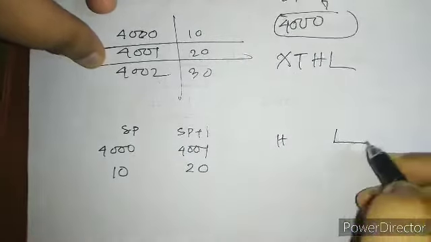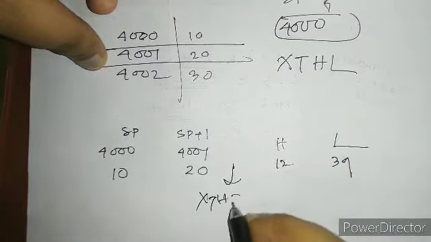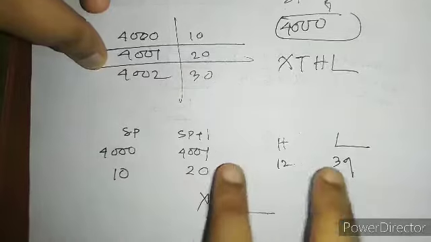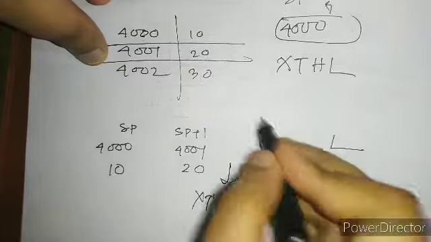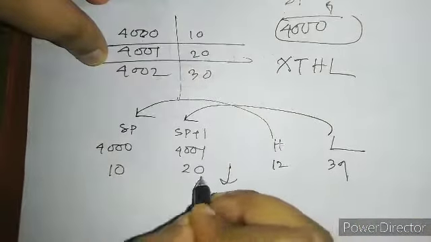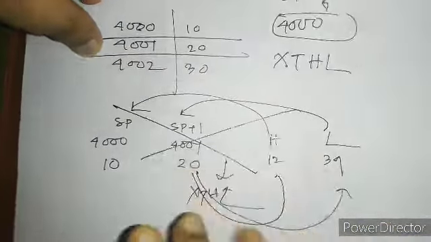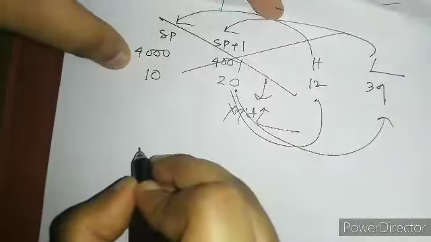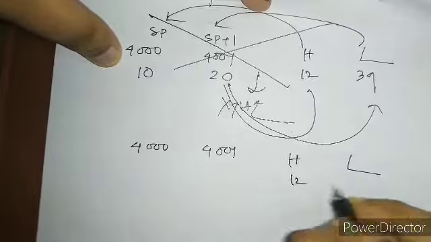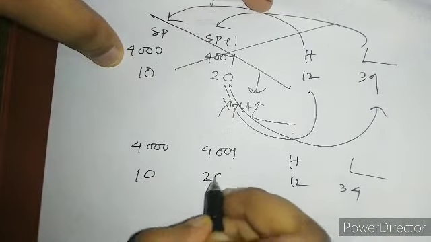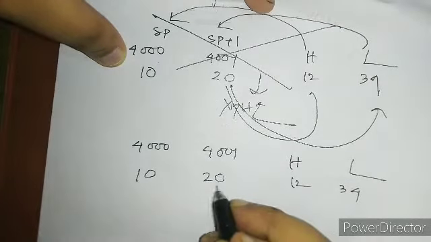Here come H and L. H and L have 1, 2, 3, 4. XTHL is performed. Now, these data will get transferred. So what will happen? This comes here, this comes here, this goes to them. Sorry. 4000, 4001, H and L, 12, 34, 10, 20. Higher address, higher byte.